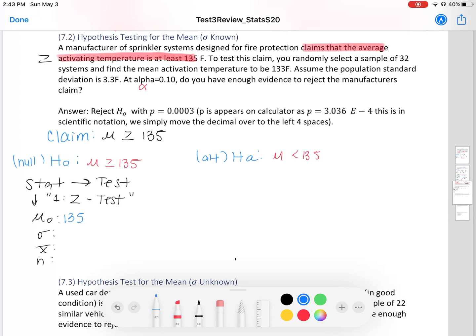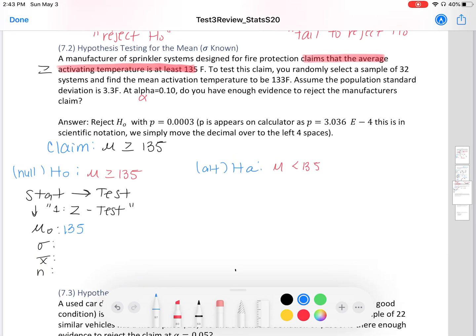Our given standard deviation is 3.3, and the reason for my delay is because I wanted to highlight for you the word population. That's what makes it this type of problem. All right, so 3.3, and X bar is 135. My sample size is 32, and that's from our problem.